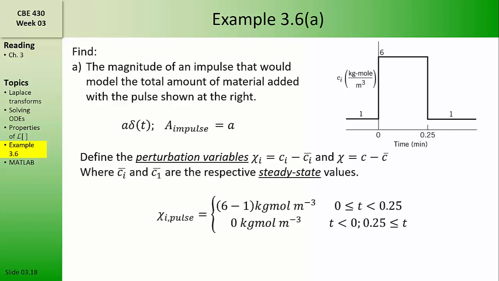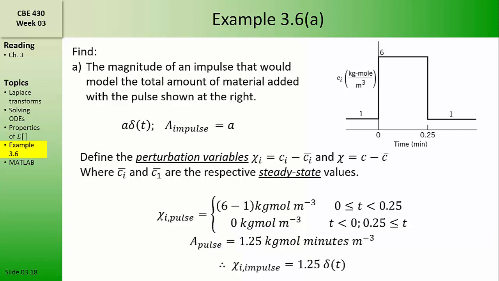Chi i for the rectangular pulse input then is 6 minus 1 when t is between 0 and 0.25, and it's 0 everywhere else, for t less than 0 and for t greater than 0.25. We can find the area for this pulse by integrating this, and we find that it is 1.25 kilogram mole minutes per meter cubed. Therefore, the magnitude of our model impulse input should be 1.25.